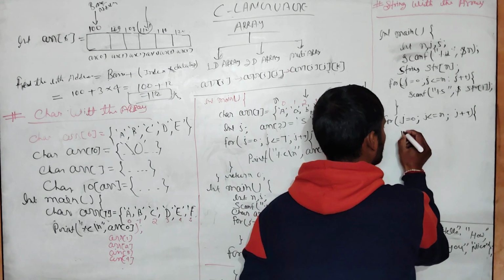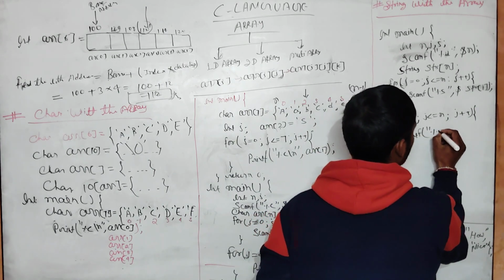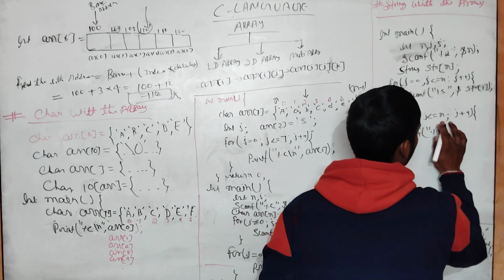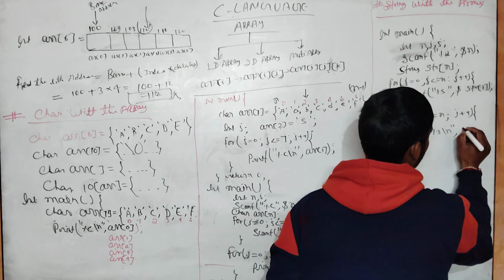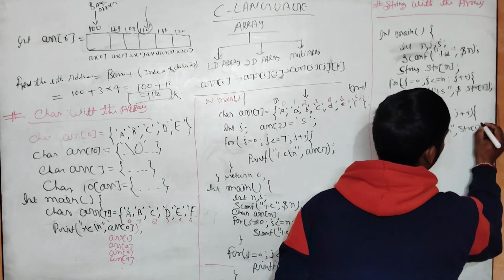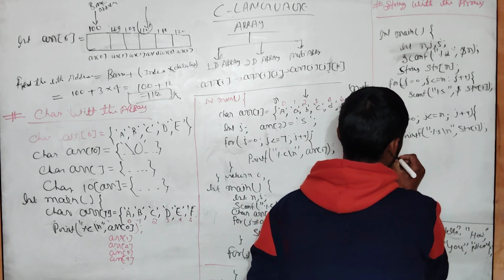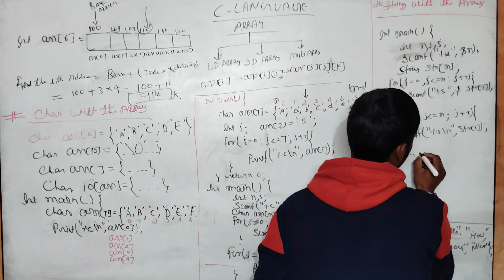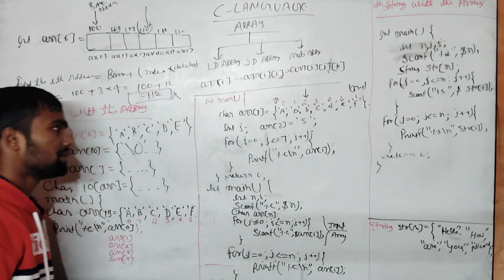And I'm writing a print statement. printf percentage s slash n, and here writing str of i, close this, here return 0. Fine, am I right?